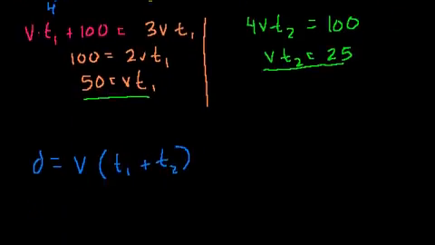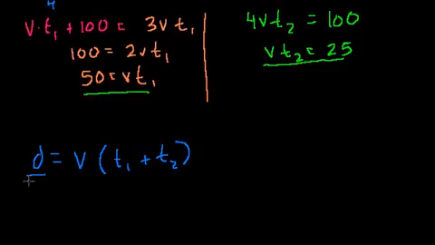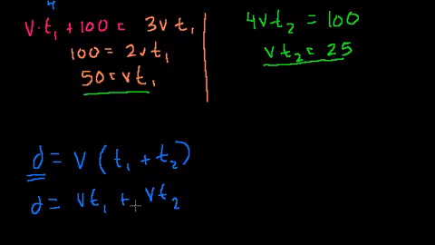This is what we need to know: the distance traveled by the column. And once again, we have all these variables, but maybe we can do something interesting. If we just distribute this, we have distance is equal to v times t1 plus v times t2. And do we know what these things are? Well, sure. We were able to stumble our way into what these values are.